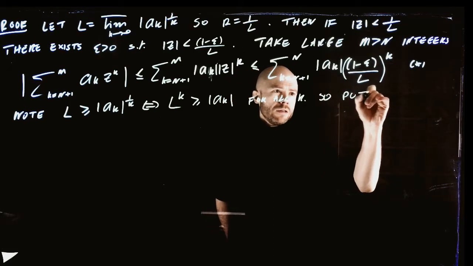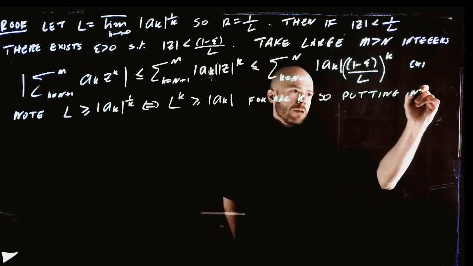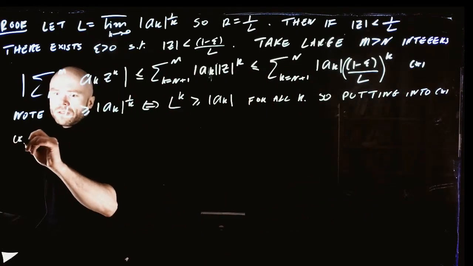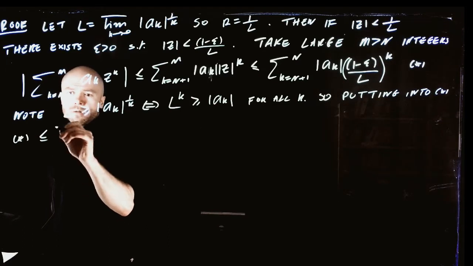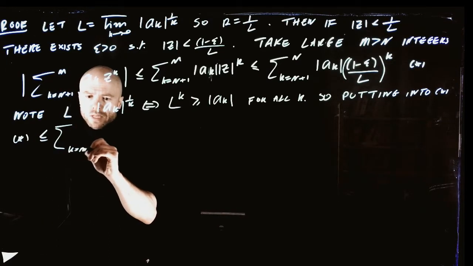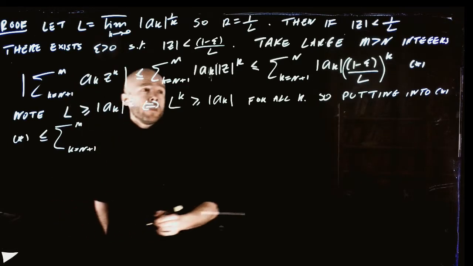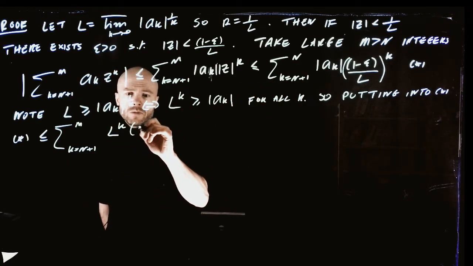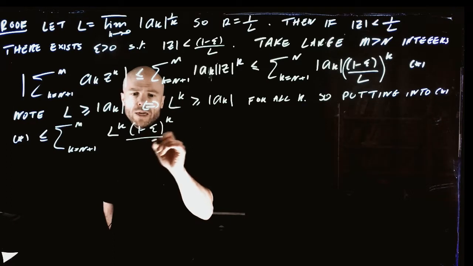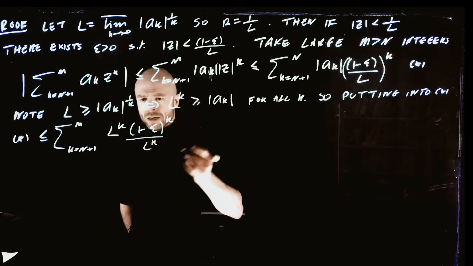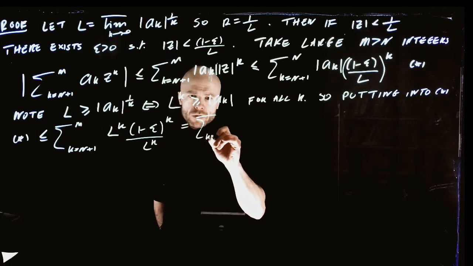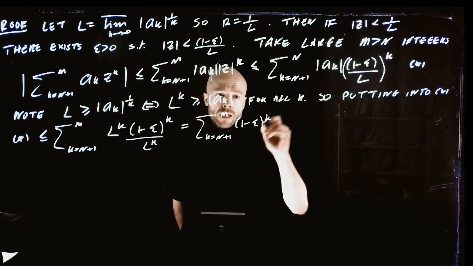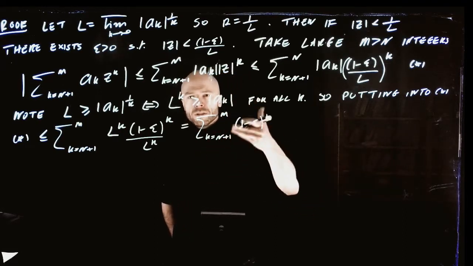So putting this into star, we have that star is less than or equal to the sum from k equals N plus 1 to M, and using this inequality, we have L to the k times (1 minus epsilon) to the k over L to the k, and you see what's happening. The L to the k vanishes. So this is just the sum from k equals N plus 1 to M of (1 minus epsilon) to the k. And this is something that converges, right?